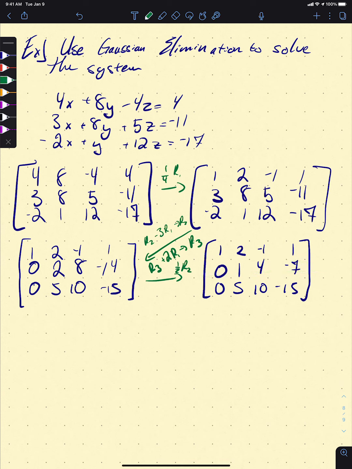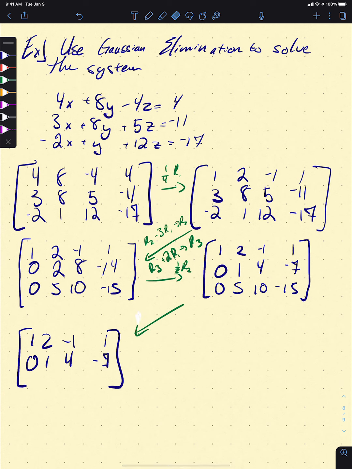The way that we can do that is we can copy down our first 2 rows because they're not going to change. 0, 1, 4, negative 7. And now that we have those 2, what do we need to multiply by? Well, we need to take row 3, and add to it negative 5 times row 2 to redefine row 3.